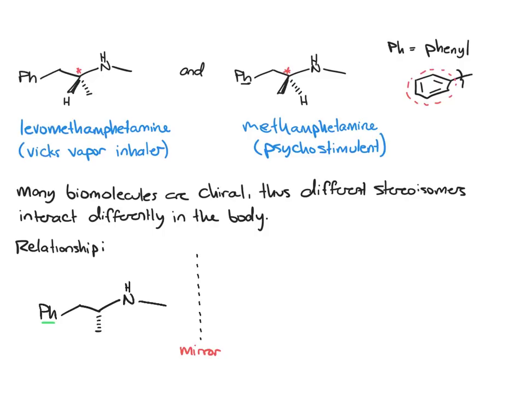So what I'm going to do is take this molecule up here, and flip it horizontally. So if I flip that molecule horizontally, this nitrogen with the methyl group will be on the left, the phenyl will be on the right.